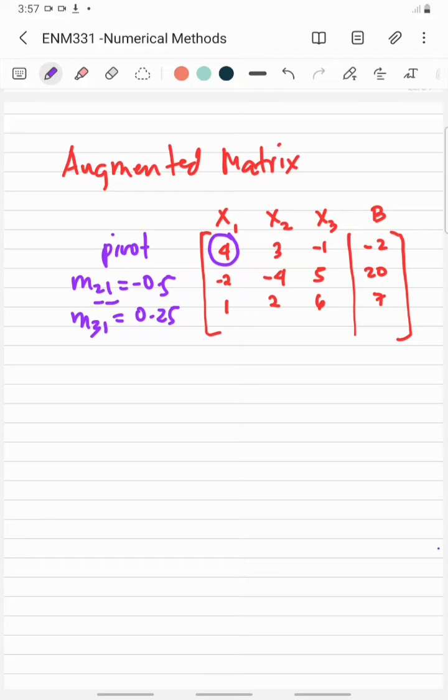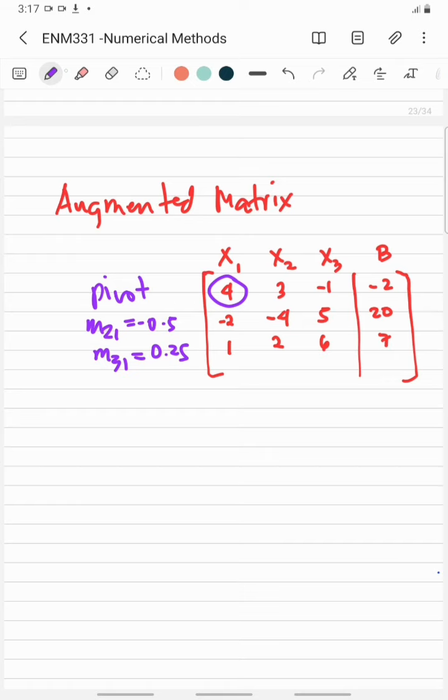We'll multiply these multipliers by the elements of row 1. Then the results we have to subtract from the elements of row 2 to eliminate x1. Similar procedures will be used to eliminate x2 and x3.